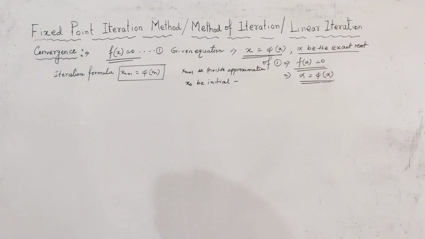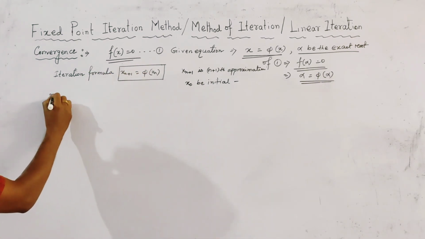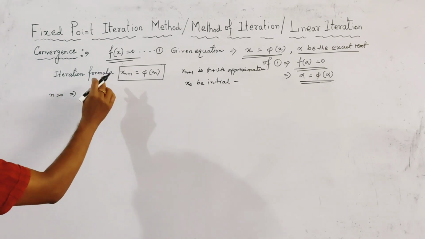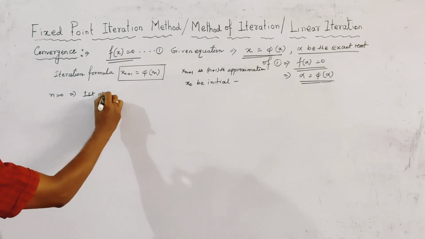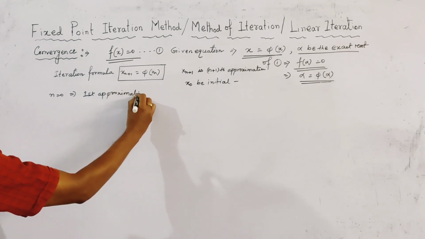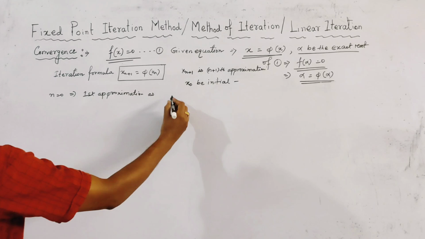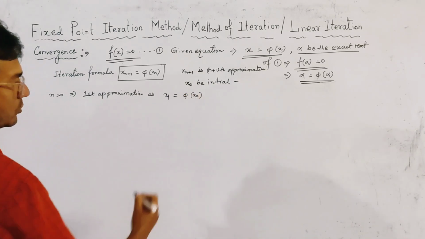If we put n = 0, then we get from the formula the first approximation x1 = phi(x0).